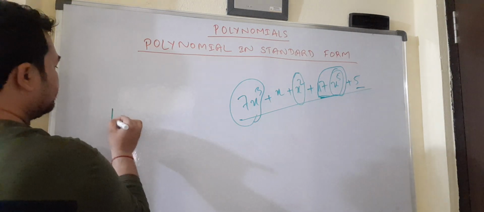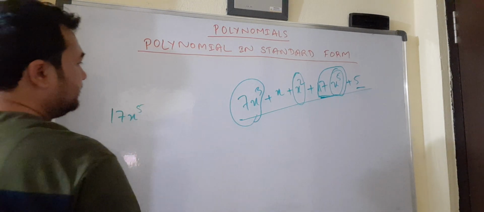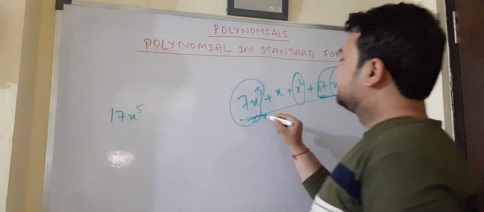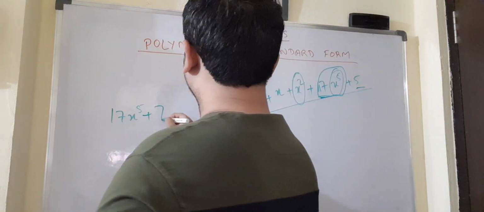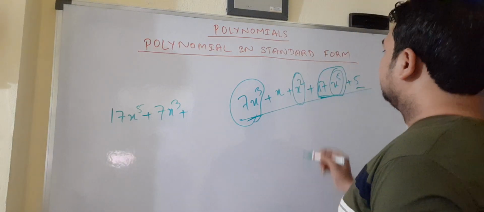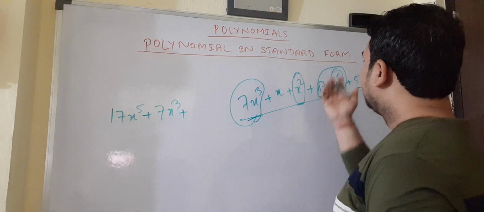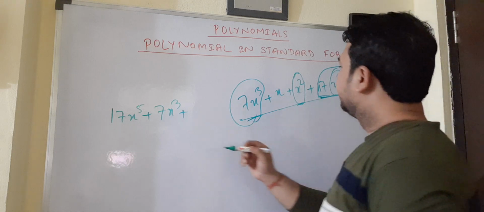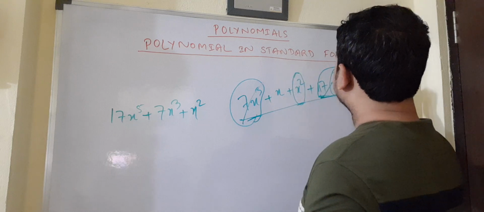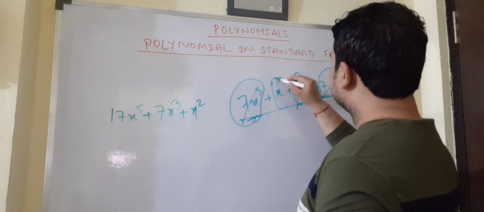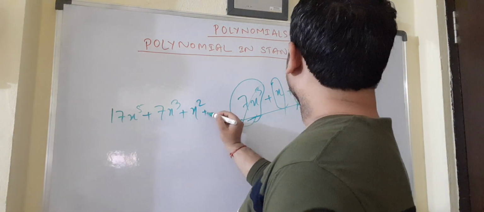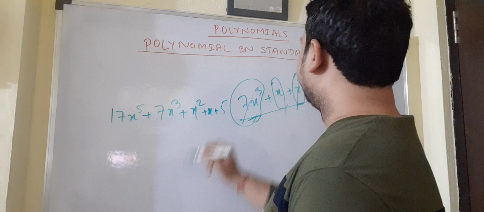So we write 17x to the power 5, and then the term containing the next highest power of variable is this one, so we write it next, 7x cube, and after that this has the highest power after these two, so we write this term. What is remaining? x. It has power 1 and 5 has power 0, so x plus 5.